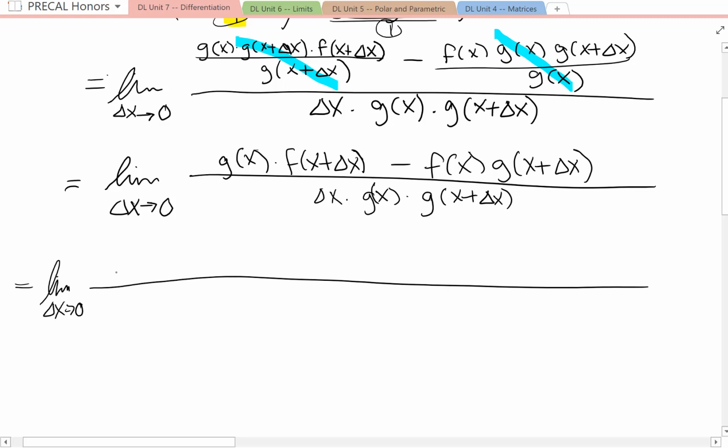At this point, we're going to do something similar to what we did in the product rule proof, in that we're going to add and subtract some quantity in order to rearrange this to things that I am more familiar with. So what happens is we're going to subtract f of x times g of x, and if we subtract some random product, we also need to add it.